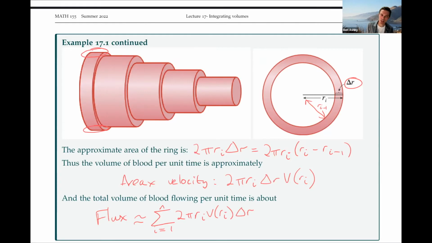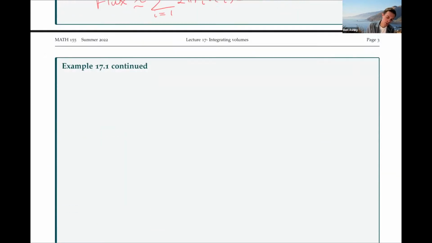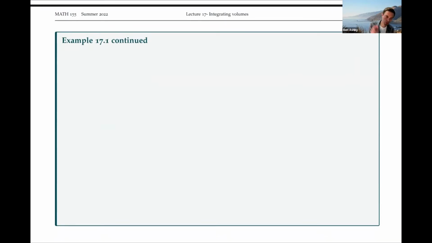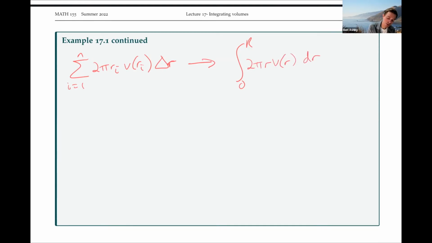Well, if we take the limit as n tends towards infinity, so we make this delta r smaller and smaller, then this sum, 2 pi Ri times v of Ri times delta r, is going to tend towards the integral from 0 to big R, where big R, remember, is the radius of the blood vessel, of 2 pi little r v of r dr. So we're taking smaller and smaller rings, and more of them.